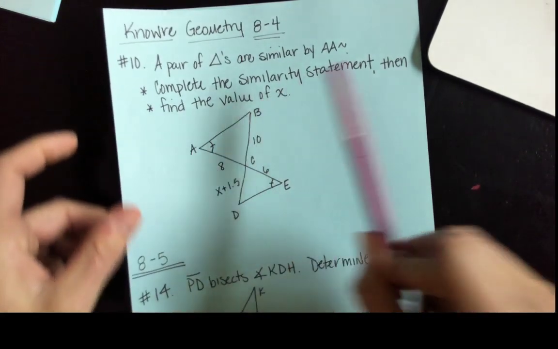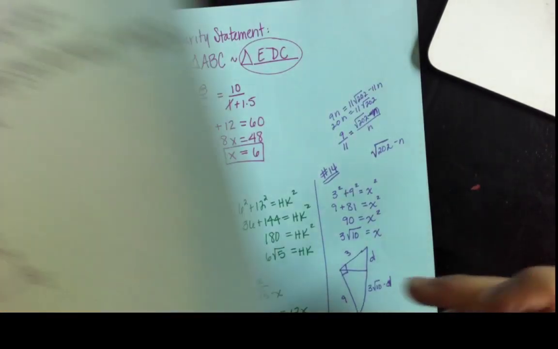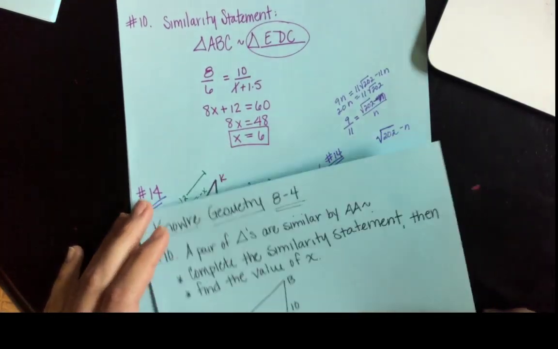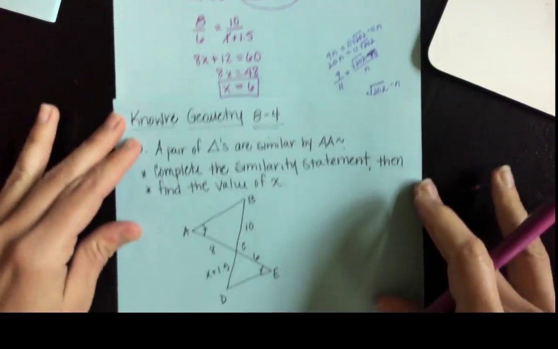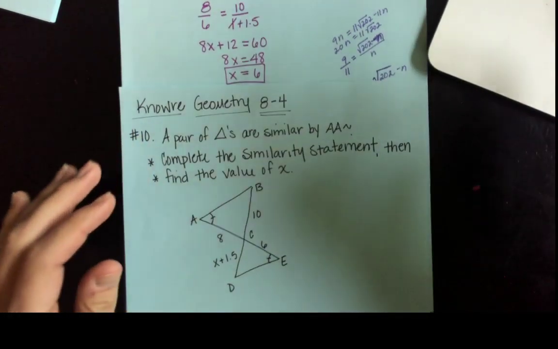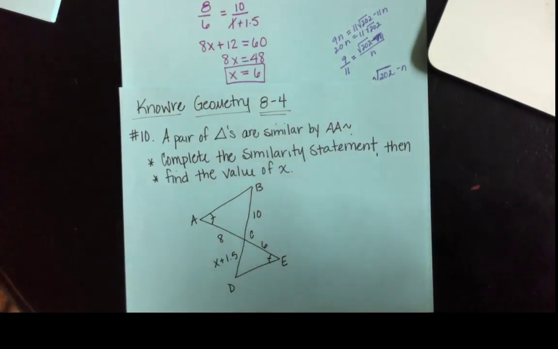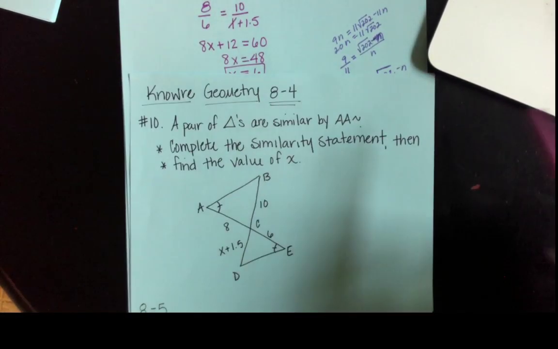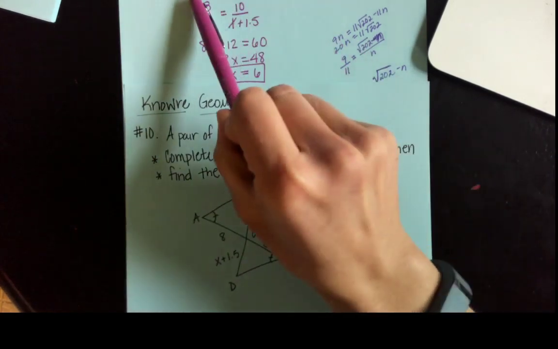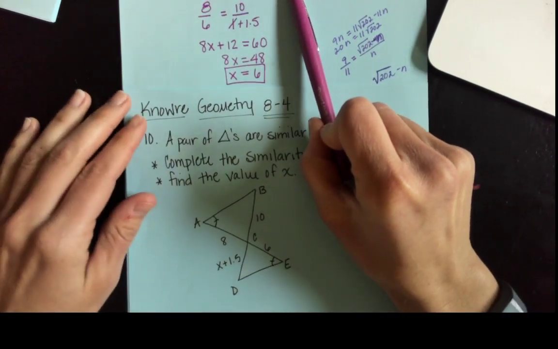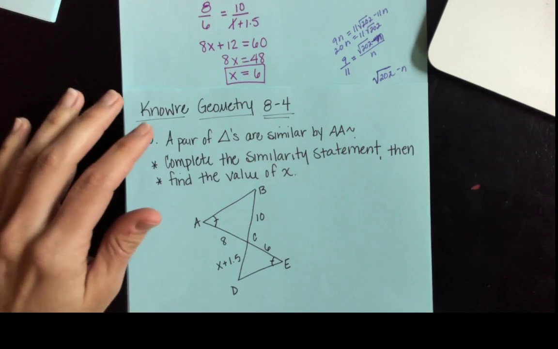And then it said find the value of X. When I did this one, you can see, and this is work from another problem up here because I tried it a couple times, that I have to name my similarity statement. Again, the problem that I tried was a little different.